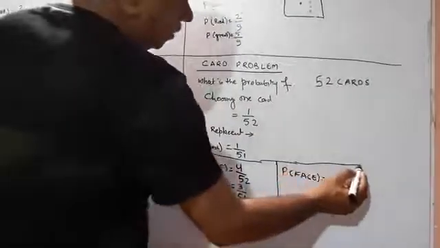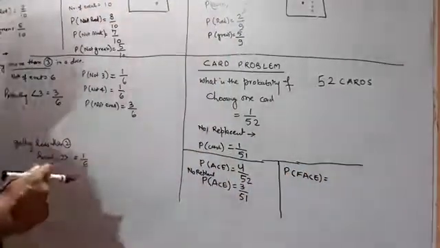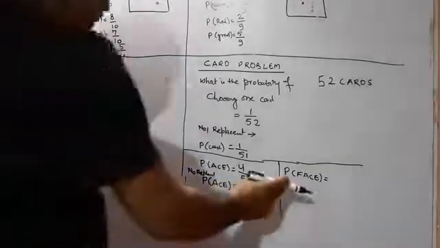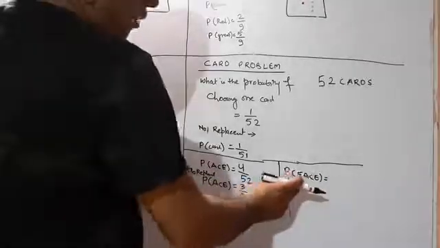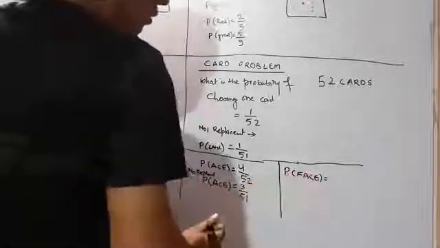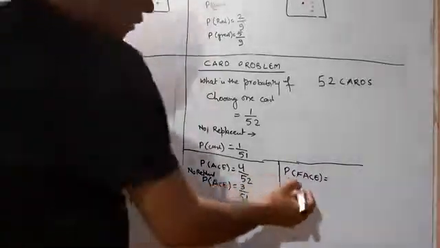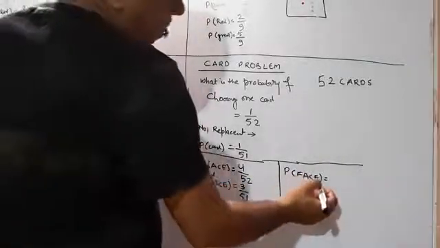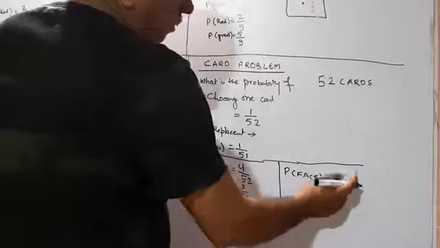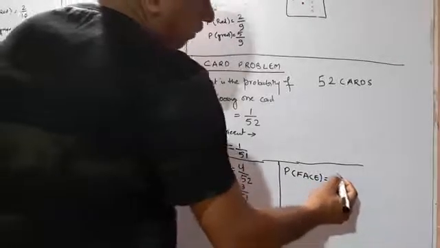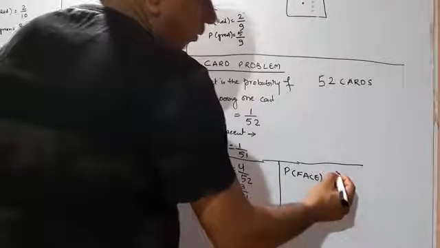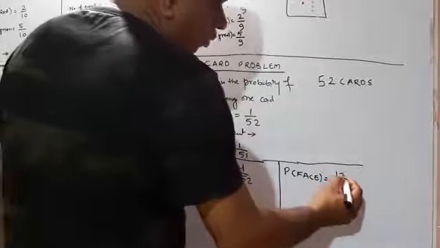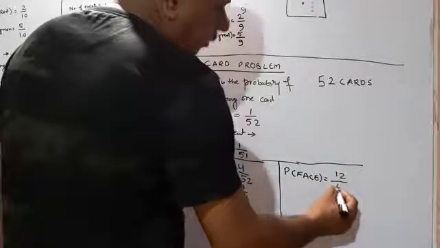Fresh deck, 12 faces are found in a deck. So what is the probability of choosing a face card from a deck? There are total 12 face cards, and the number of cards is 52.